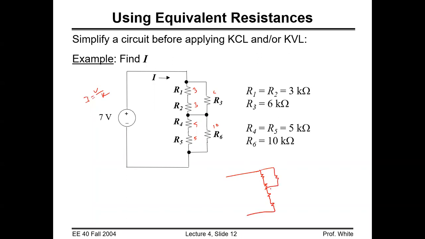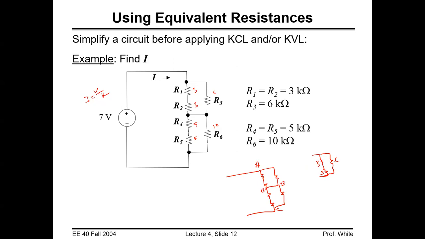Suppose this point is A, and this point is B and this is C. This also B and this is C. So from A to B, this and these two are parallel. These are 3 and 3, and these are 6.